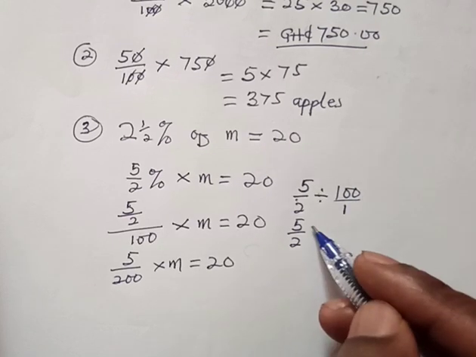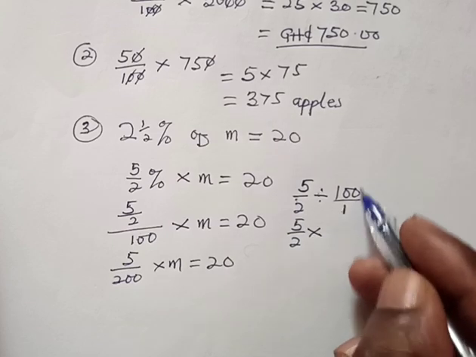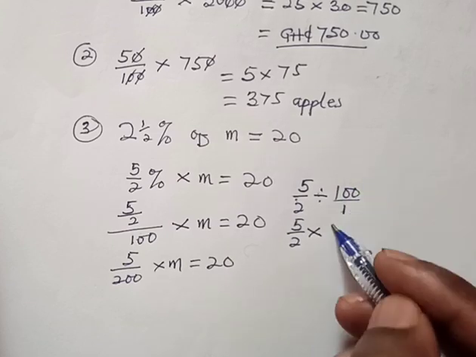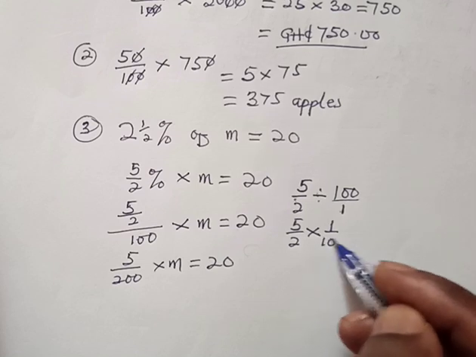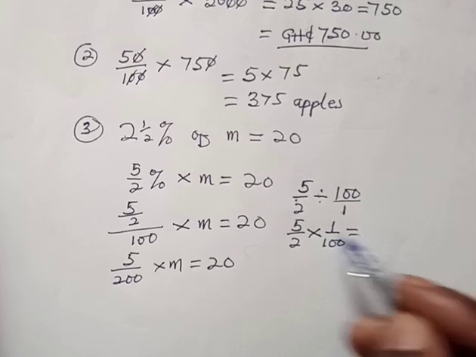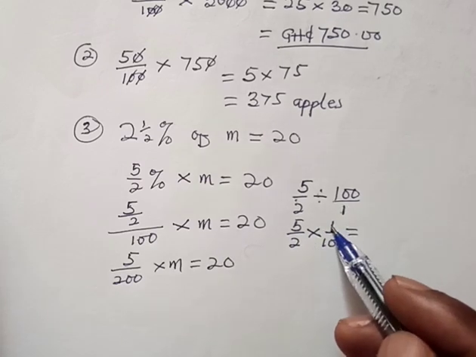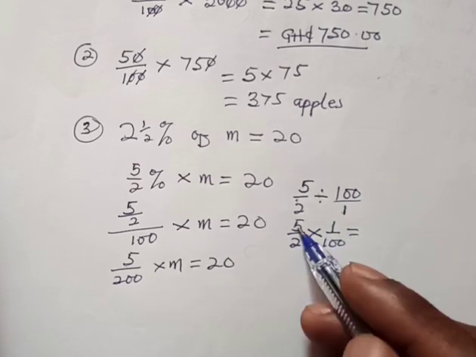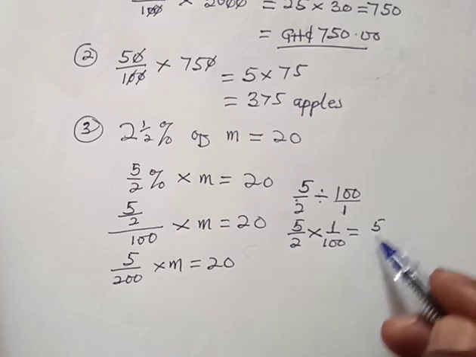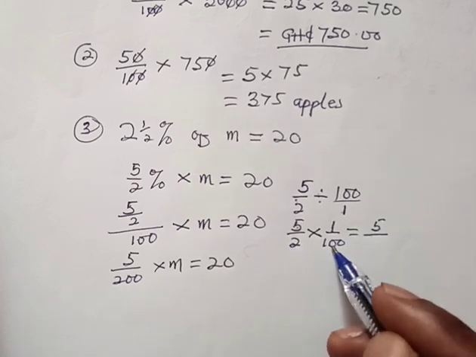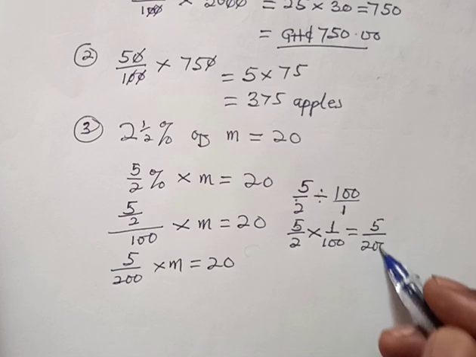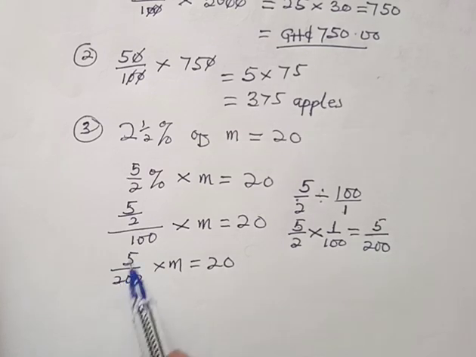Okay, so if I'm changing it, then I will change this to multiplication, then I'll reciprocate this, so the 1 will come here, and then I'll have 100. So in the multiplication of fractions, we multiply the numerator and multiply the denominator. So 5 times 1 gives me 5, and then 2 times 100 gives me what? 200. So that is how I got this.